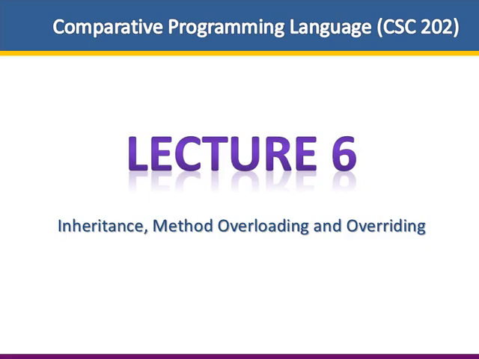I said classes are user-defined prototypes or blueprints for creating objects. We define the characteristics of a class, which are the attributes or properties, and actions, which are the methods. We discussed objects too.